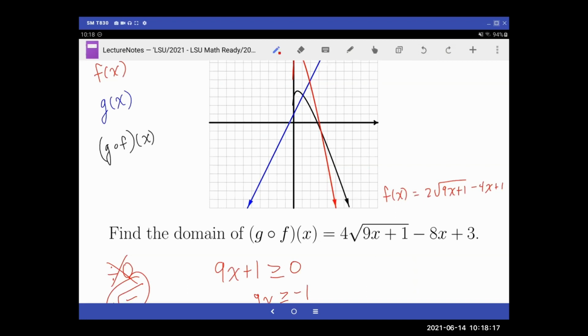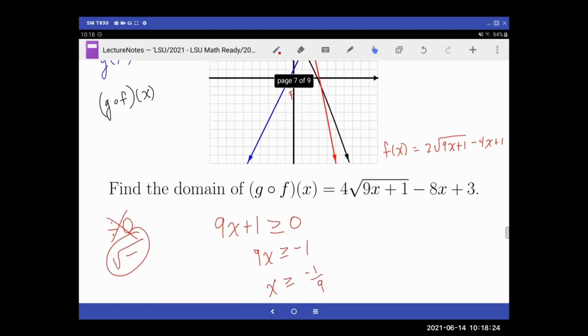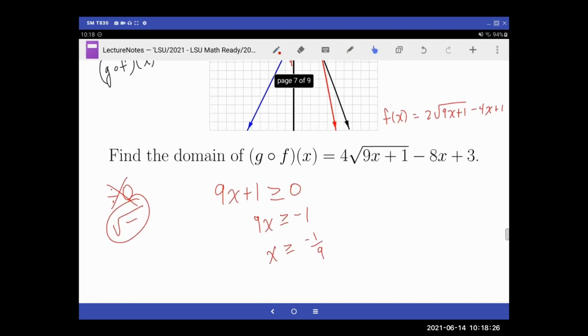That's negative 1/9. Okay, so the domain of f of x is negative 1/9 inclusive to infinity. Negative 1/9 to infinity.